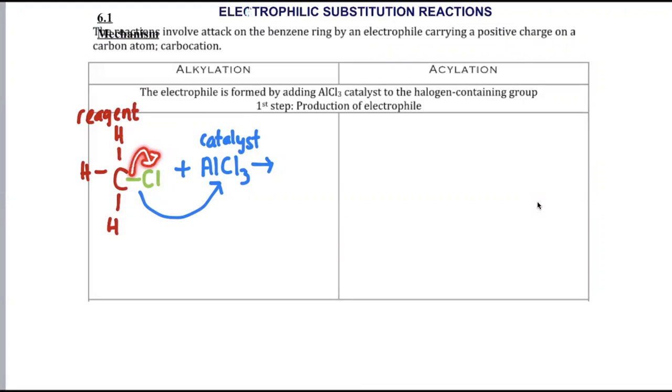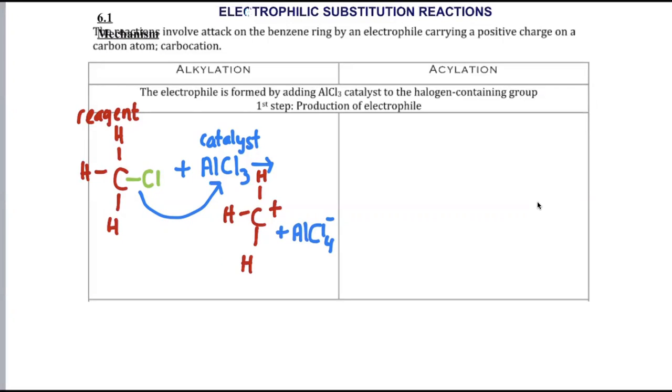And then the Cl minus will combine with the AlCl3, so you form CH3 plus, that's your electrophile, plus AlCl4 minus. You now have a minus charge because you're combining a chloride ion with AlCl3.